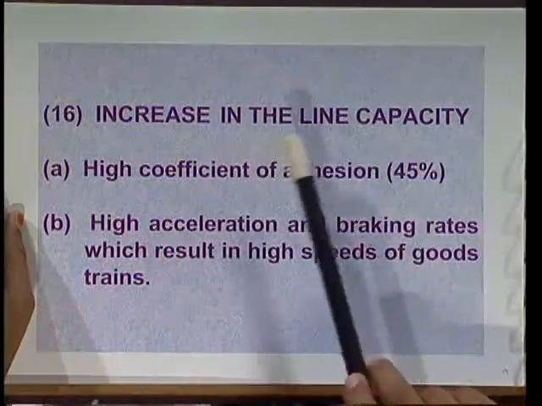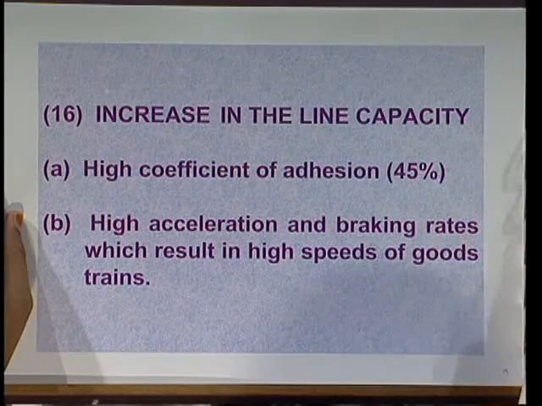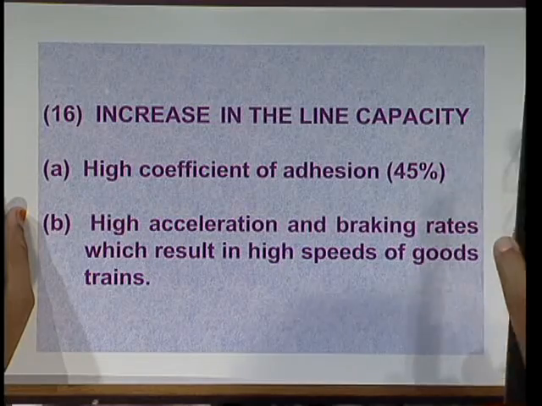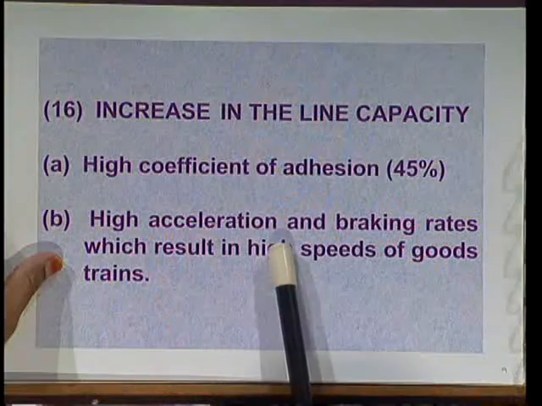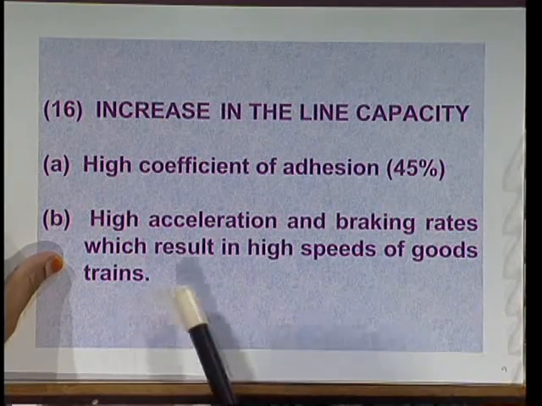Because the electric locomotives have a high coefficient of adhesion of 45%, and because the electric locomotive has less weight compared to the steam locomotive, high acceleration and retardation rates are possible, which results in high speed of goods trains as well. High acceleration and braking rates result in high speeds of goods trains.